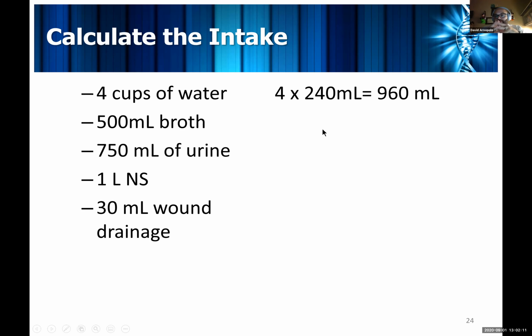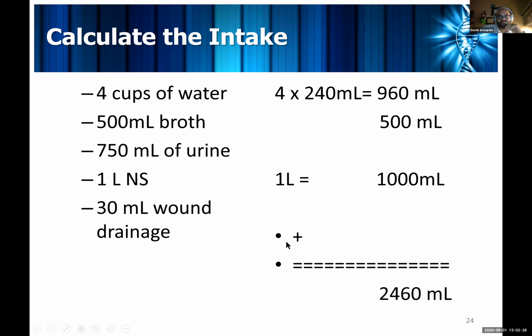So we'll start with the top. 4 times 240 mils is 960 milliliters. 500 mils of broth we've already done for us. 1,000 mils of normal saline. 2460 mLs total intake.